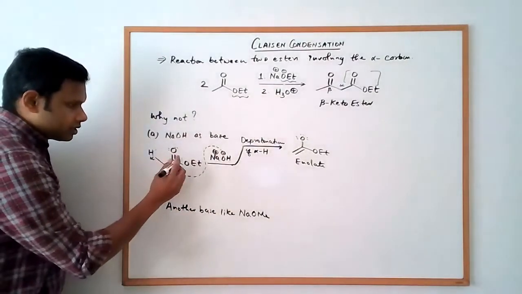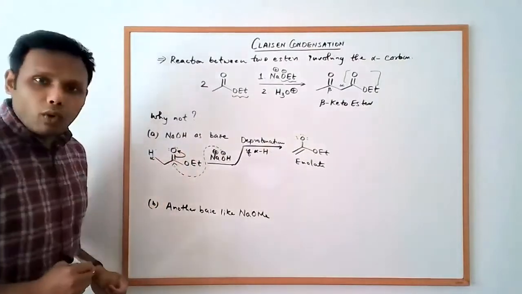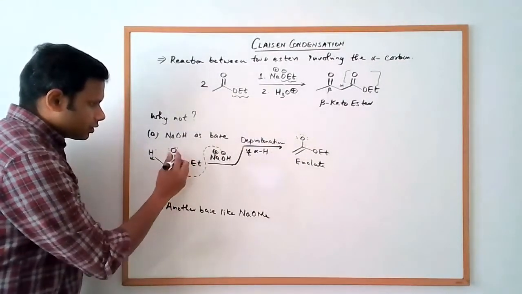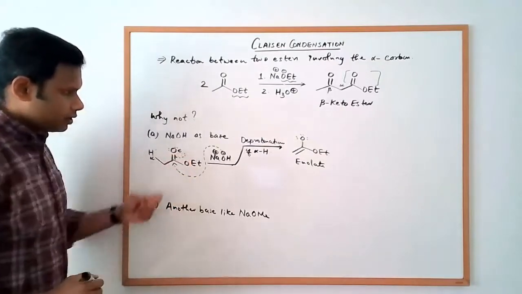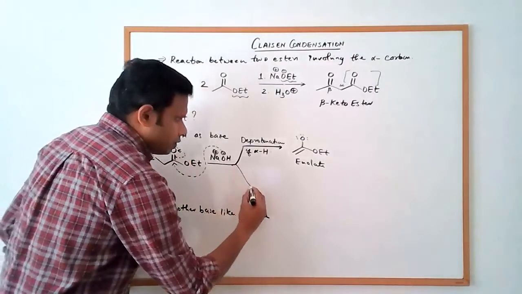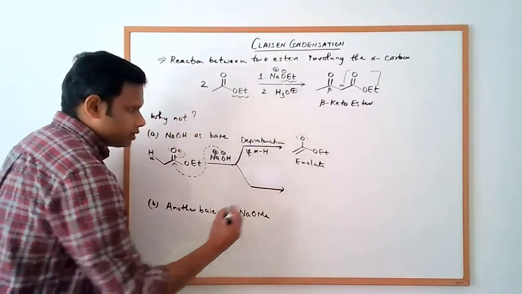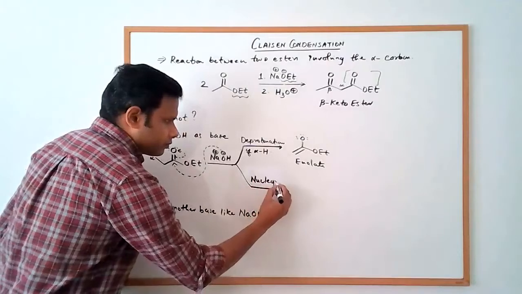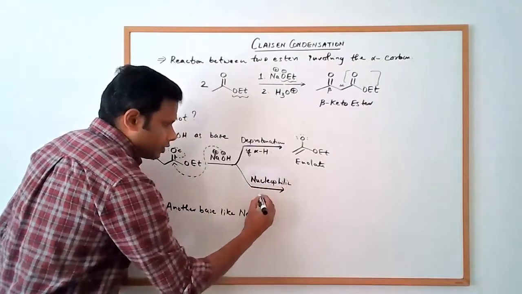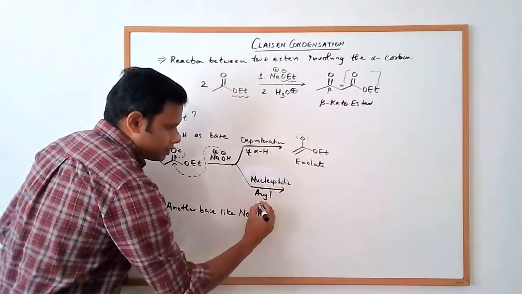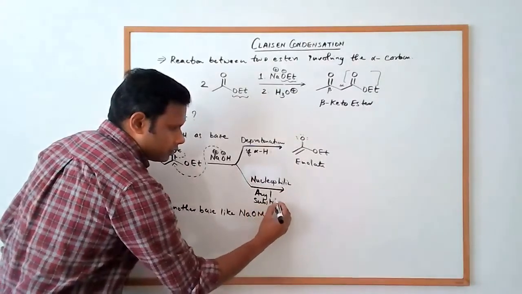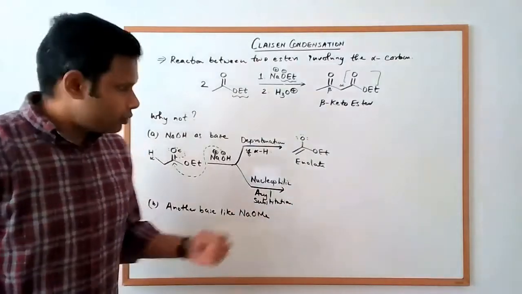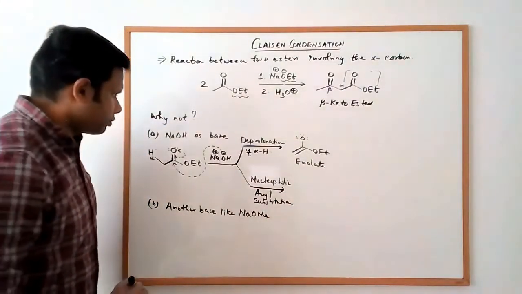And when it attacks the acyl carbon, the double bond is going to open up. Let me use the dotted electron pushes here. So we can consider another possibility where we have a nucleophilic acyl substitution happening.